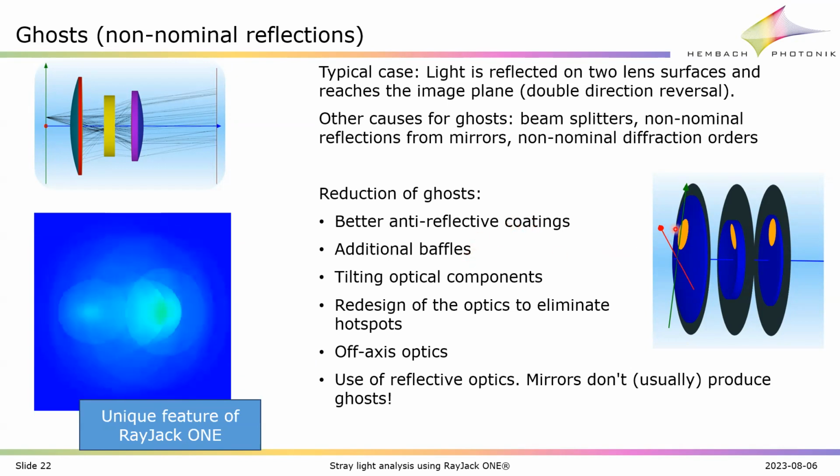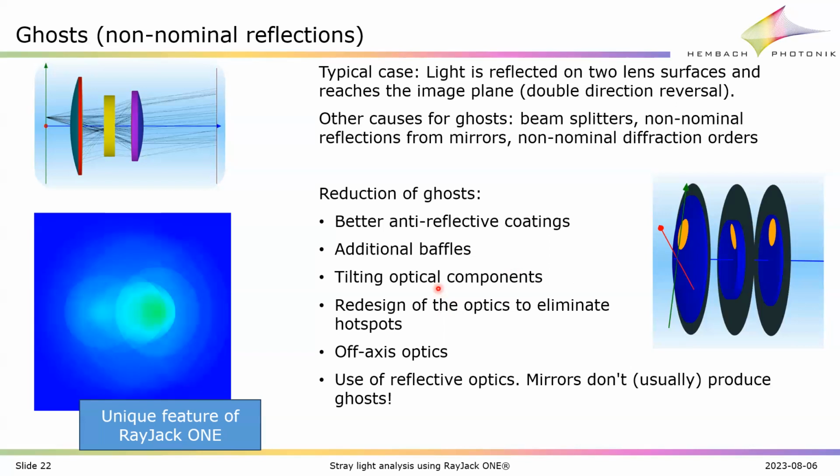In order to do that, you have to compute the footprint of the nominal light. Then you have to compute the footprint of the ghost light, and the baffles should be placed such that they do not interfere with the nominal light and block as much ghost light as possible. Of course, this is also supported in RayJack ONE.